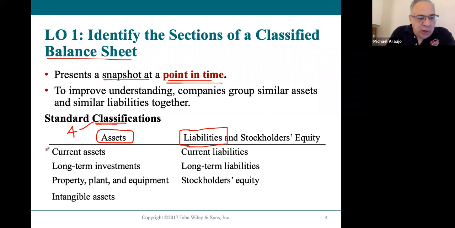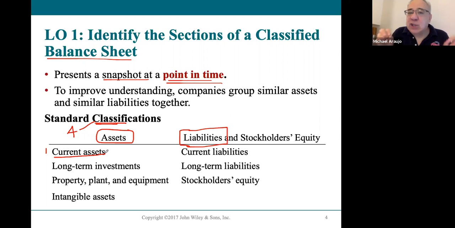So when you look at a balance sheet, the very first types of assets you will see are classified as current assets. They're called current assets. And as you'll see by reading a little bit more in this chapter, current assets are assets that are either going to be turned into cash within the year or used and expensed within that accounting cycle or that year.